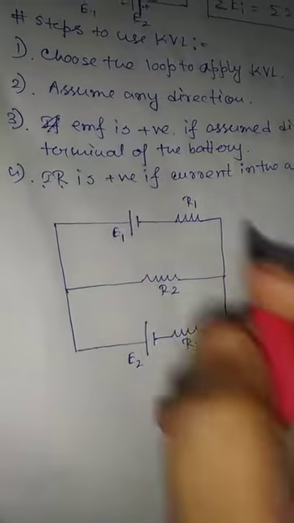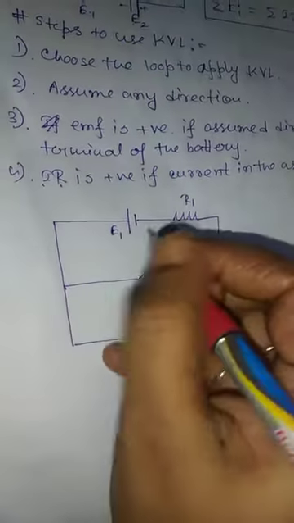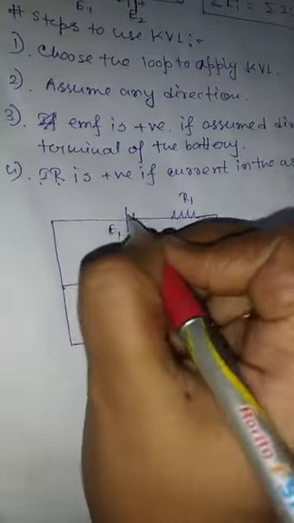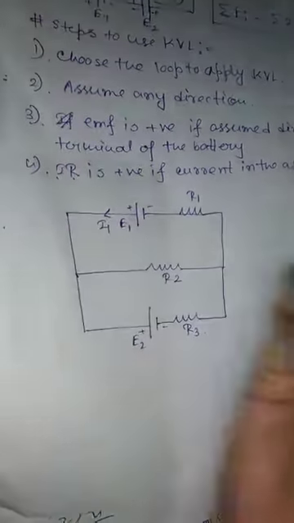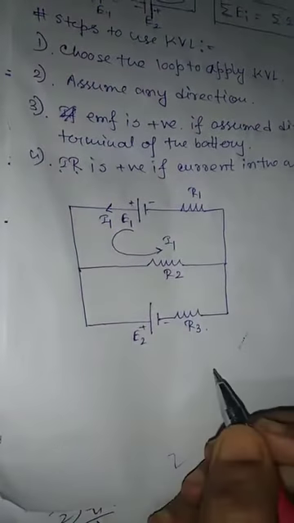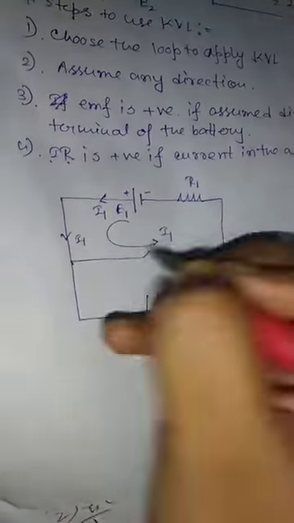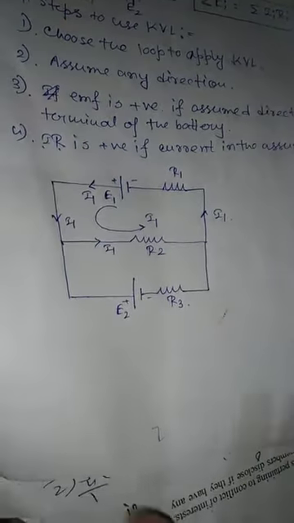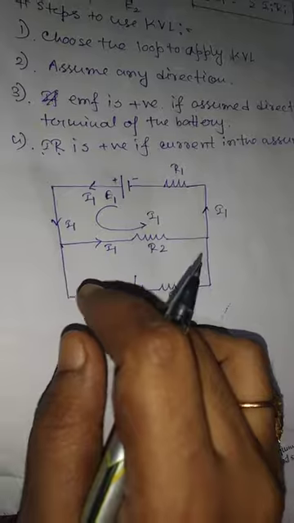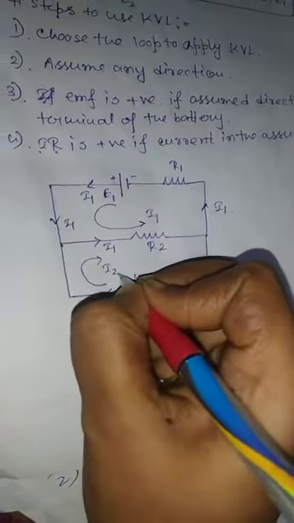As it is positive, I am considering this is the loop of current I1. This is positive, negative, positive, negative. So let us consider this is I1, the current going through like this, I1 as well through this, I1 as well. Now for this, considering I2 current in this direction.